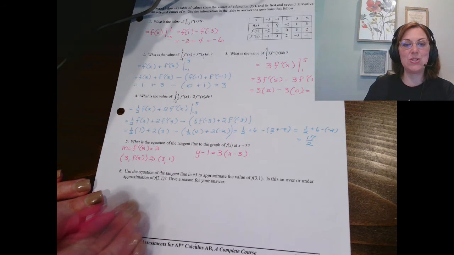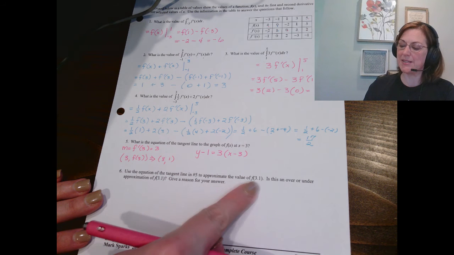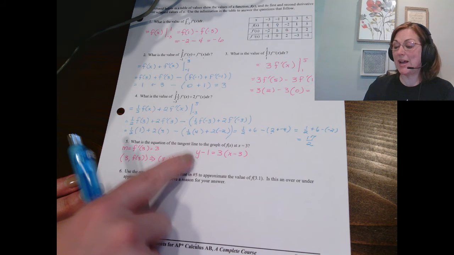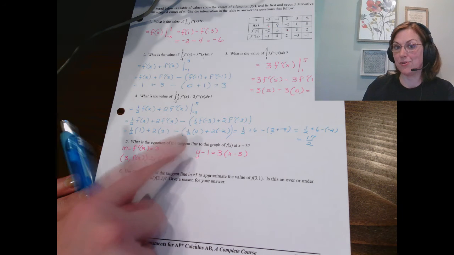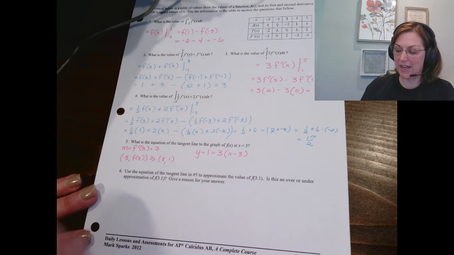Then number 6. Number 6 says, okay, use the equation of the tangent line in number 5 to write an approximation for f of 3.1. So this is saying if you had to use this line as your function and x was 3.1, what would you get?